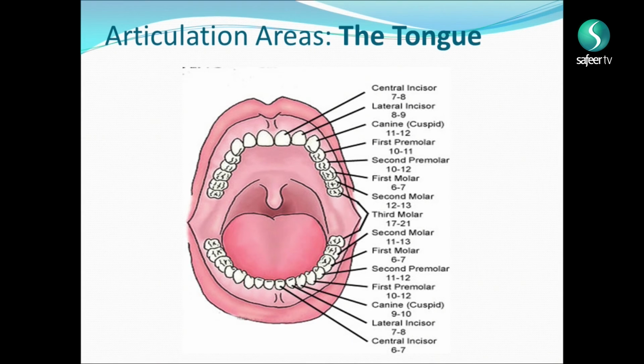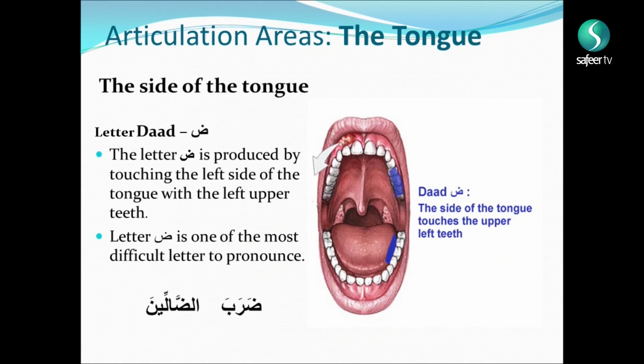So knowing these terminologies and the names of the tongue parts is really important. We go to the next slide, and I think the next slide could be the last slide of tonight's lesson. And of course we will continue with this lesson inshallah next week, because this lesson is really important.